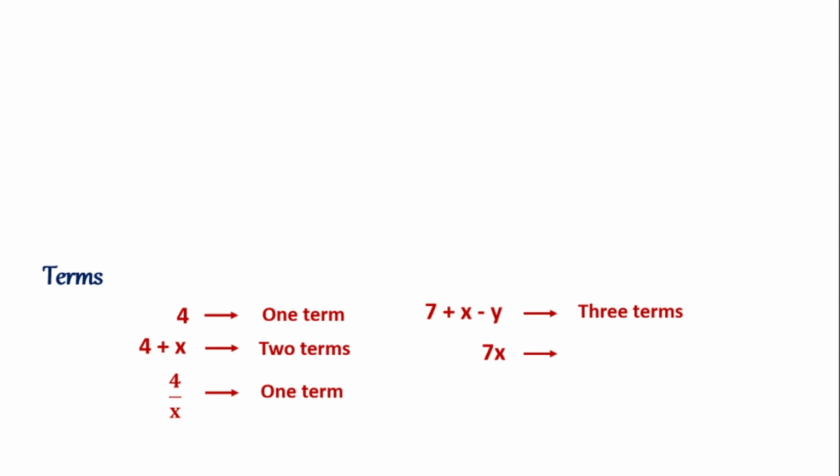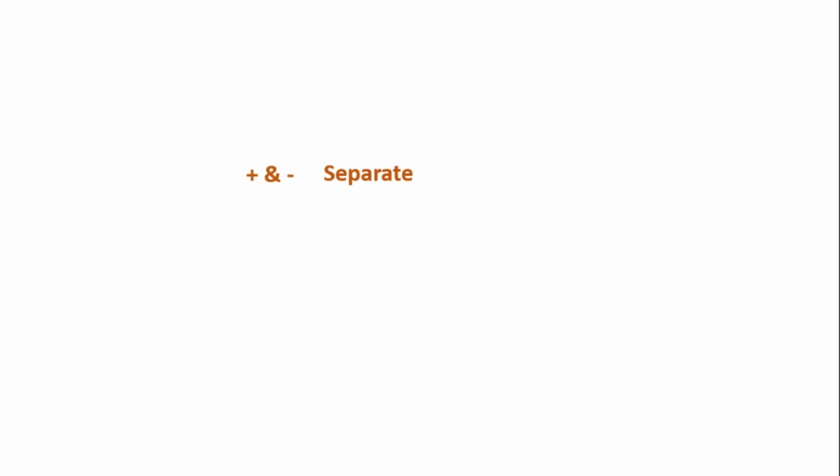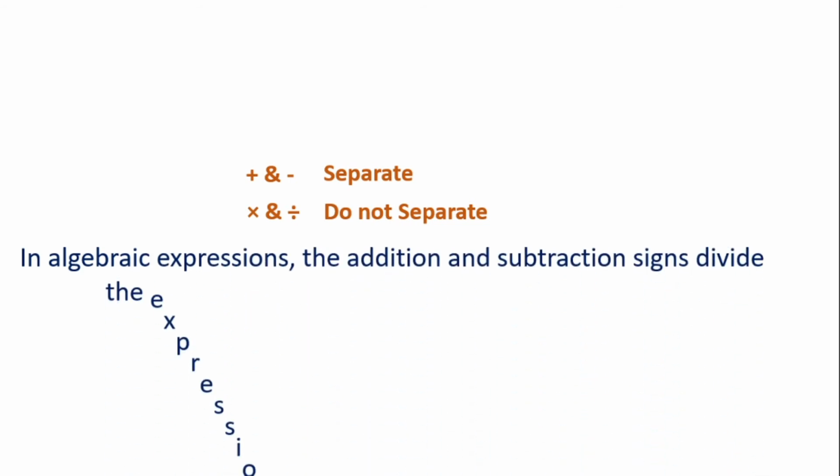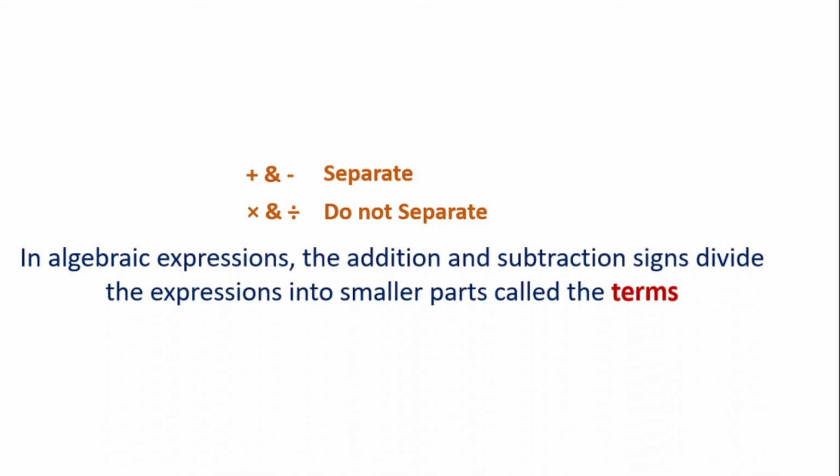As 7 and x are multiplied, this is just one term. So remember, plus and minus separate the terms, whereas multiplication and division do not. Therefore, we conclude that in an algebraic expression, the addition and subtraction signs divide the expression into smaller parts, called the terms.